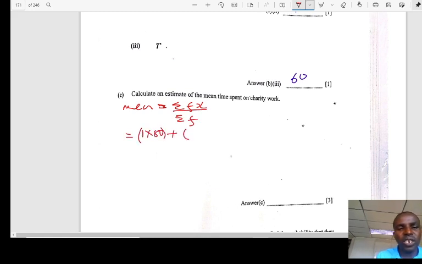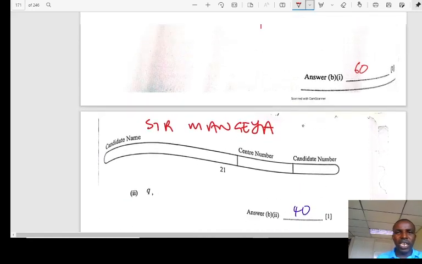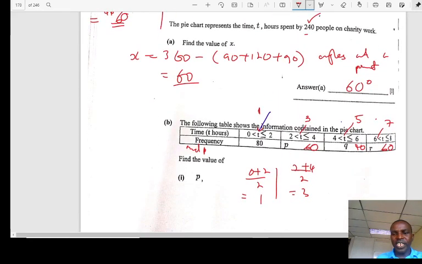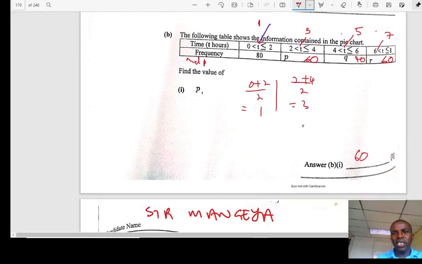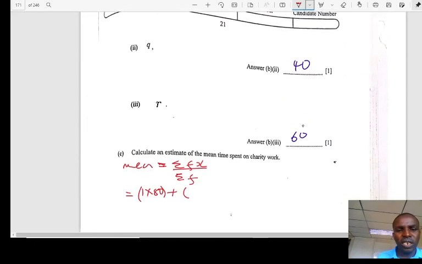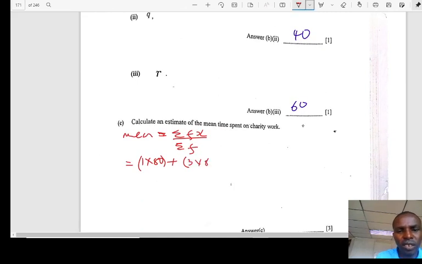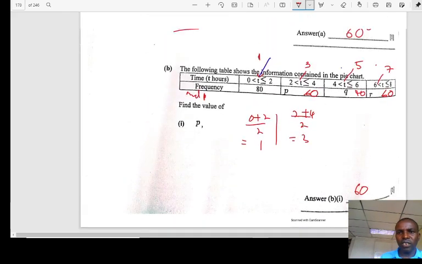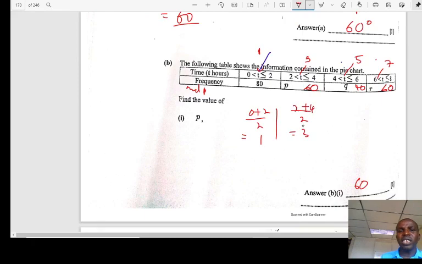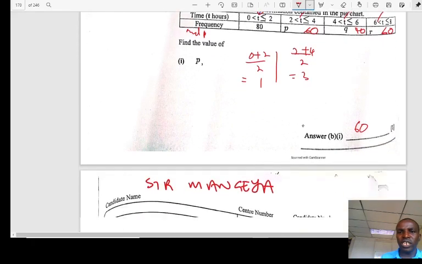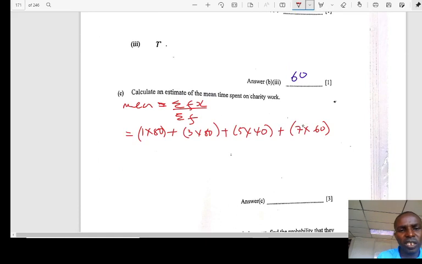Plus the next ones, then over total frequency: 80, 60, 40, 60.